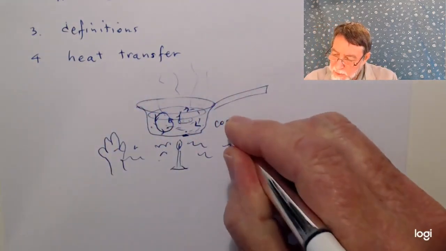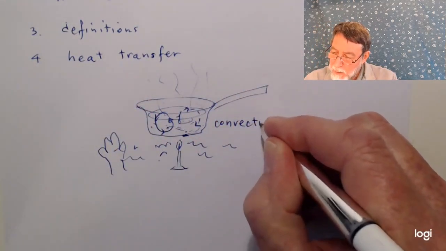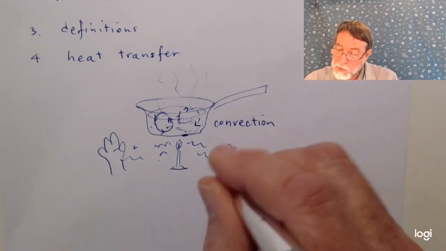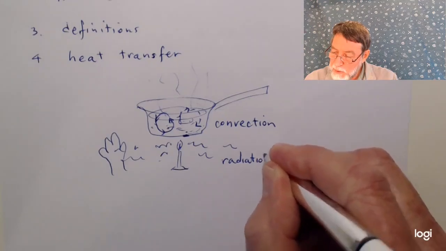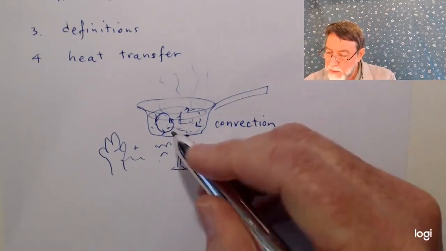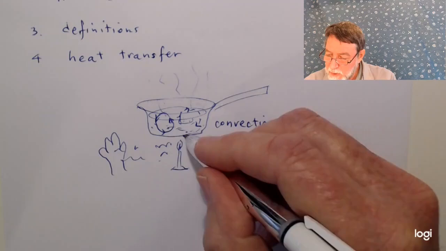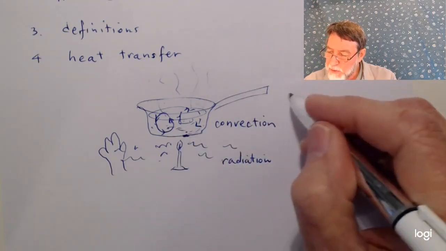So that's a convection current, a term you might have heard. First one was radiation, and convection, and we mentioned conduction where the two materials touch.